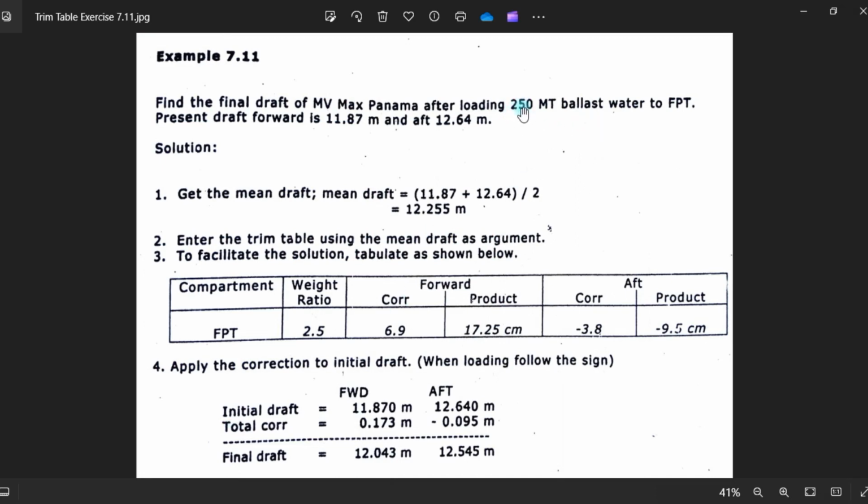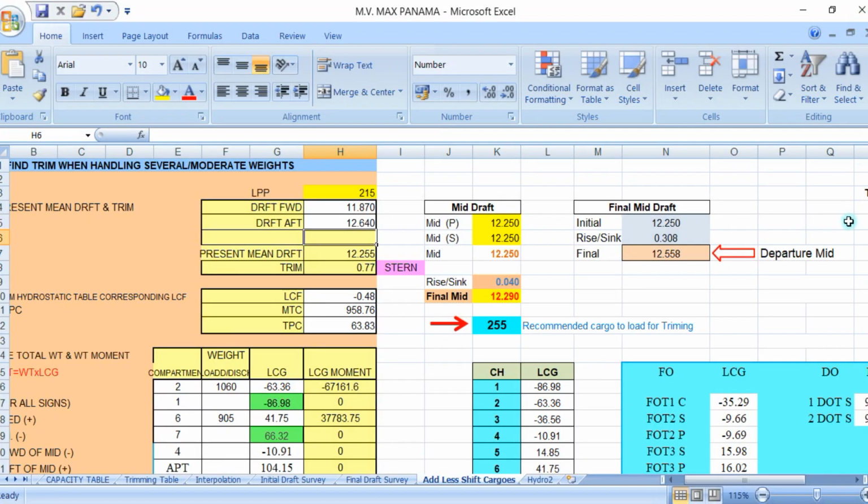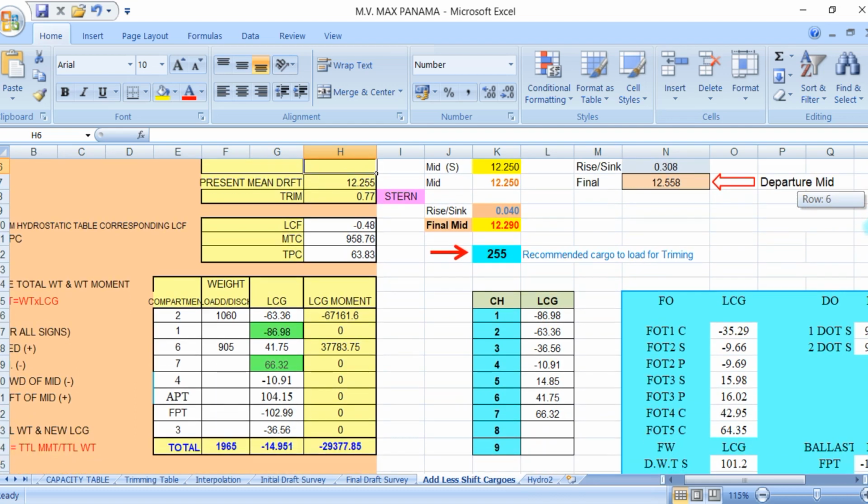we have to put 250 metric tons of ballast water in the forepeak tank. So we put forepeak tank: 250 metric tons.